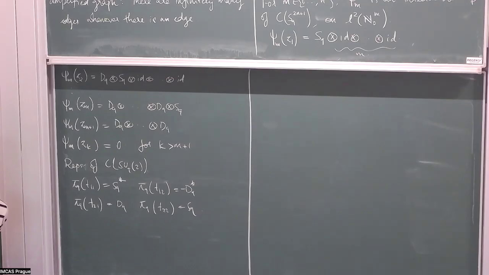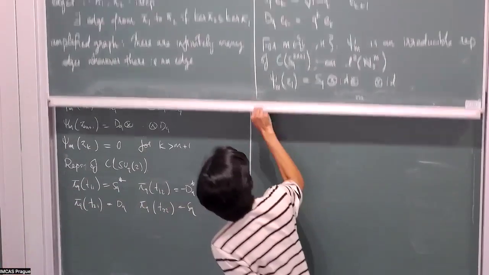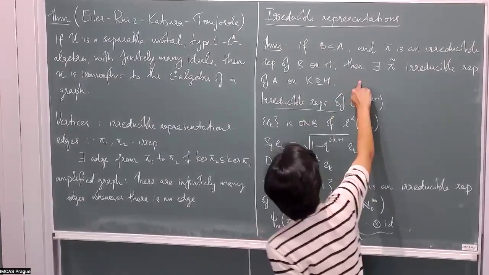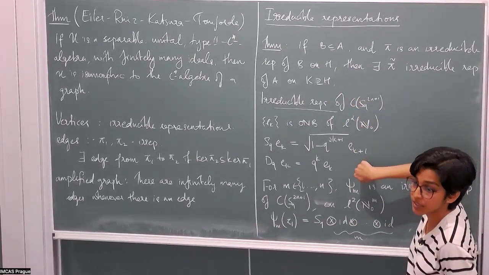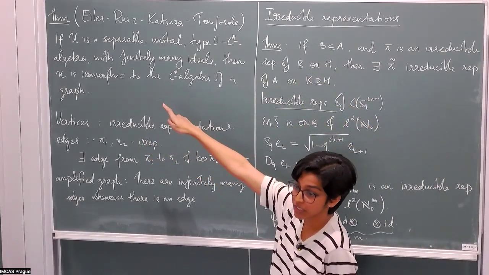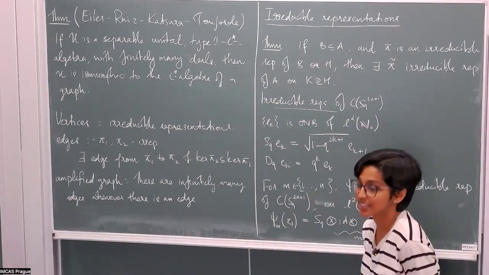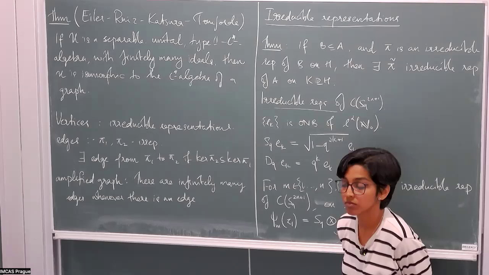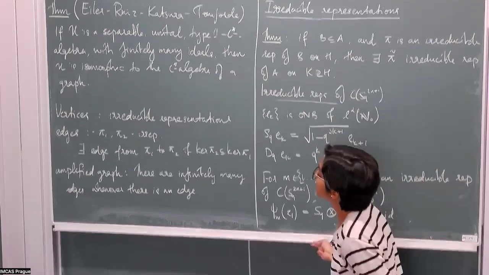No, with this theorem, I'm considering A to be my quantum sphere, and B is the C-star algebra that I want to look at, the weighted projective space.